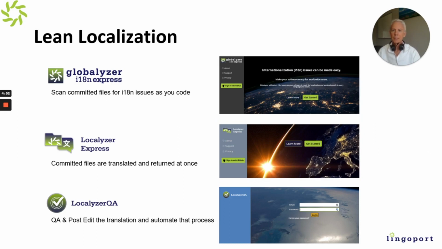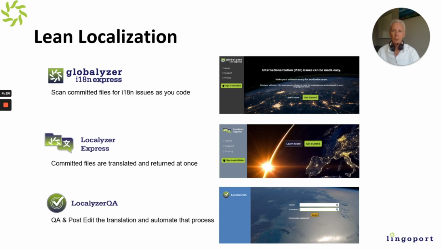I would like to present one aspect of lean localization today. Lean localization is for software developers and organizations who want their applications to go global, to be worldwide. So we have three products. One of them is Globalizer to scan the code that developers write.